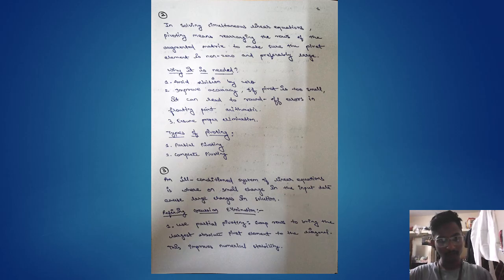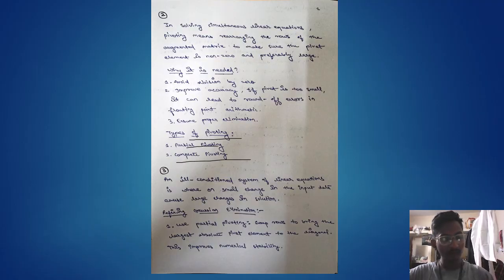In solving simultaneous linear equations, pivoting means rearranging the rows of the coefficient matrix to make sure the pivotal element is non-zero and preferably the largest. Why is it needed? To avoid division by zero. To improve accuracy: if the pivot is too small, it can lead to round-off error in floating point arithmetic. It also ensures proper elimination.